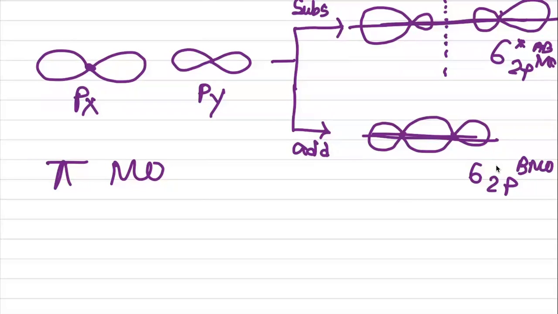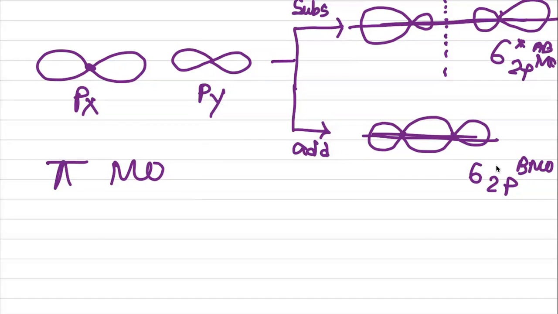Why is sigma bond stronger? Overlapping is more. Which type of overlapping is taking place? Head-on. Yes, head-on overlapping is taking place, so that's why sigma bonds are stronger.